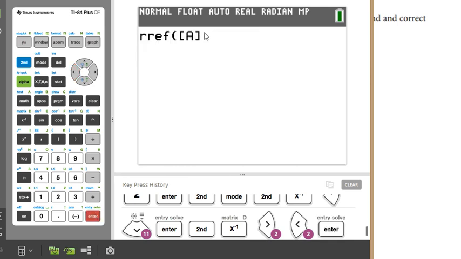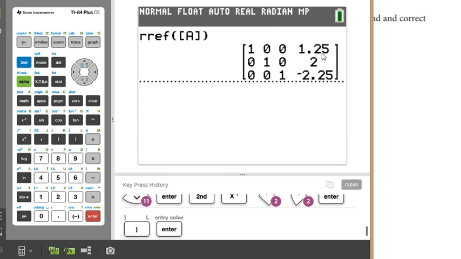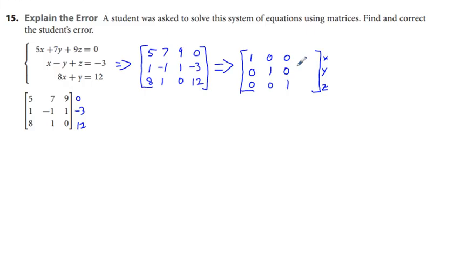And we're going to close this off with a final closing parenthesis and press enter. And what we get is x equals 1.25, y equals 2, and z equals -2.25. So 1.25, 2, and negative 2.25.